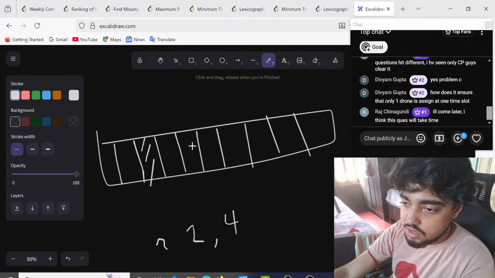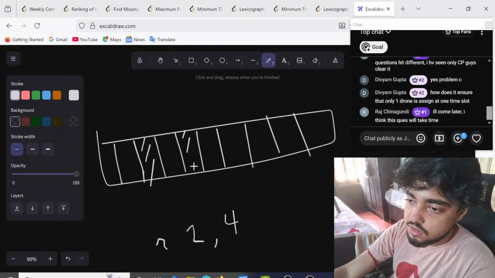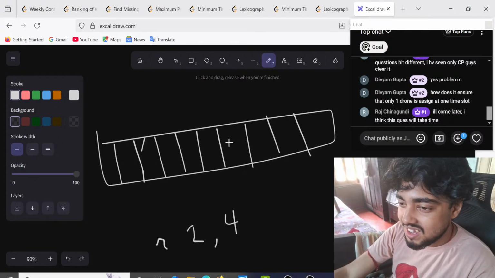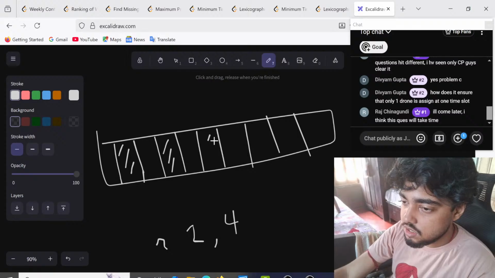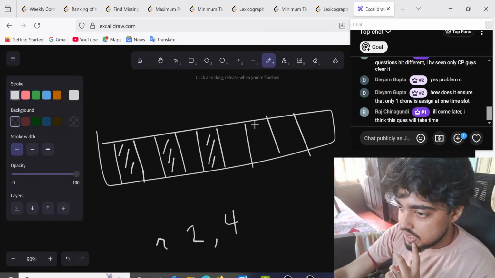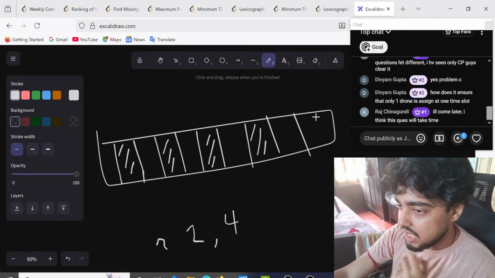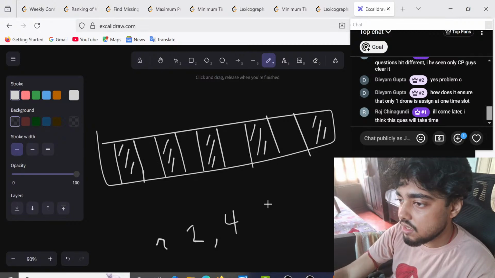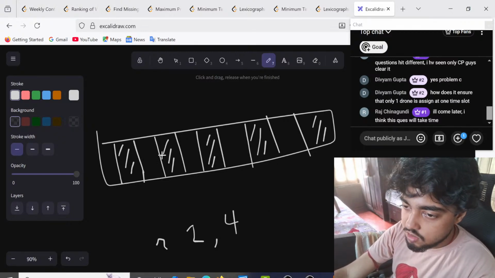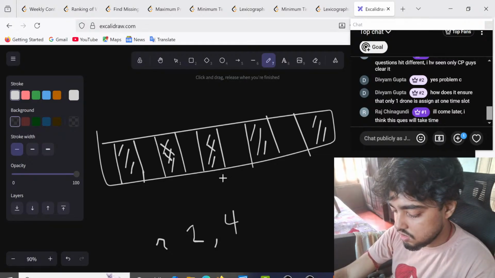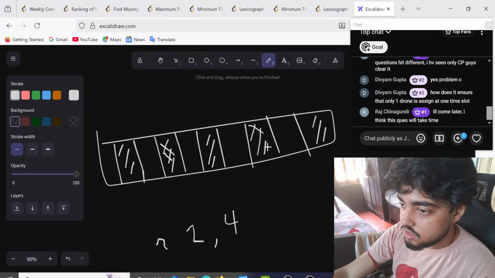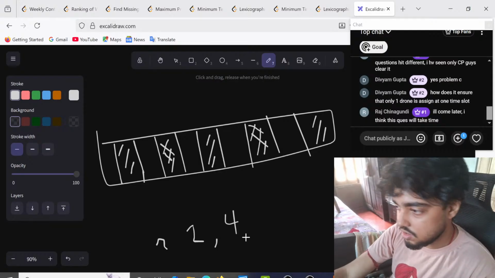This slot is for recharge, this is for recharge, this is for recharge. My mistake, I was about to highlight 2. This is recharge, this is for recharge, and this is for recharge. Correct? And the one for the second rune, this is for recharge. Sorry, not this one. This is for recharge, and nothing else is for recharge. This is clear.